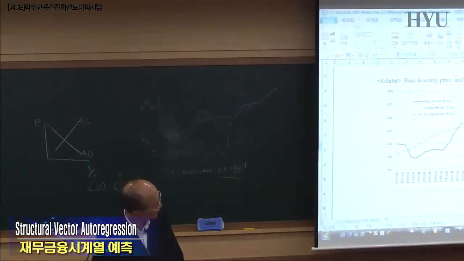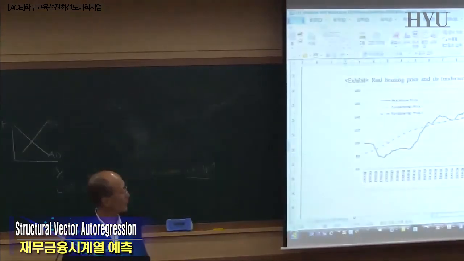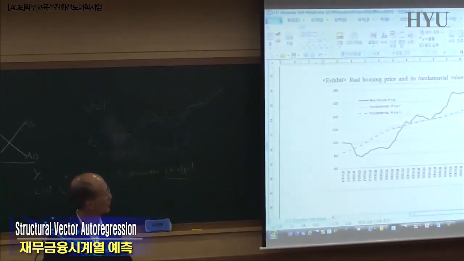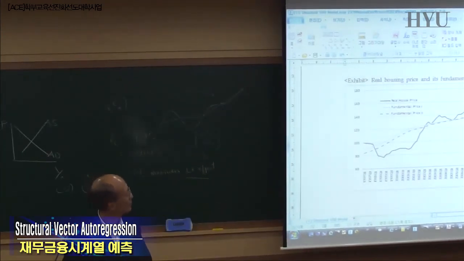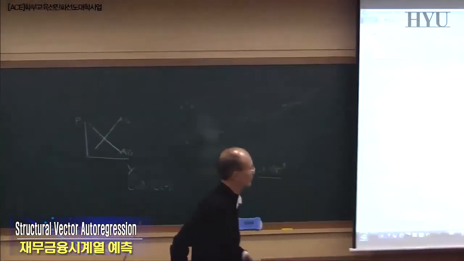So this one is the second quarter of this year. So we are, I think, below fundamental value, which means a recession in the Korean housing market. Actually, apartments in the Gangnam area. Okay.